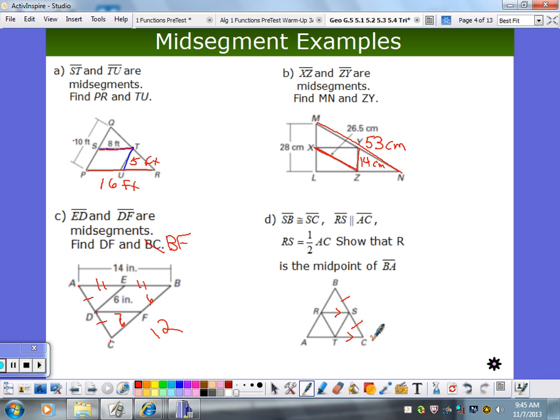What do you think, Asa? AC is congruent to BC. How do I know that? RS is parallel, and its measure is half of that. Therefore, it must be a midsegment.